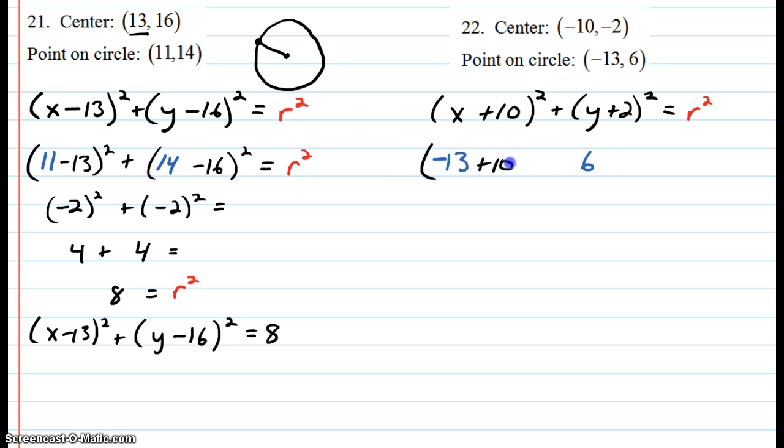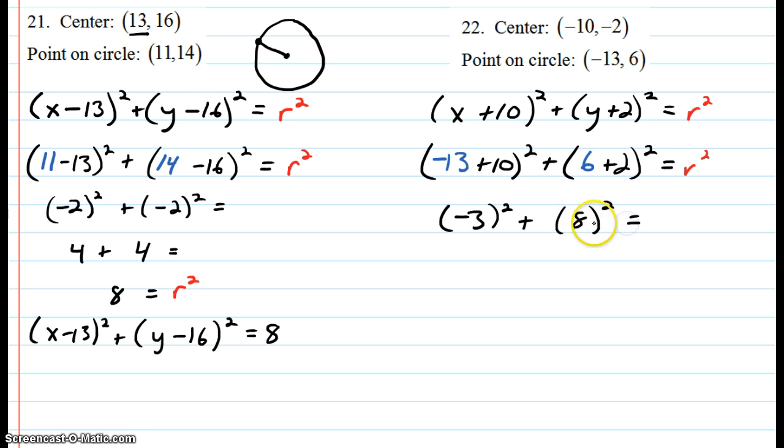And so let's go ahead and simplify this. Negative 13 plus 10 gives us negative 3 squared. 6 plus 2 gives us 8, so 8 squared. Negative 3 squared gives us 9. 9 plus 64 is going to tell us what r squared is.